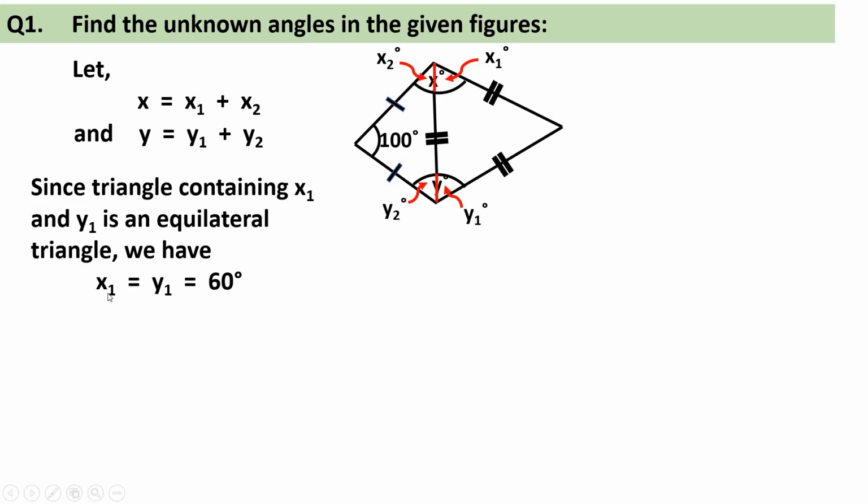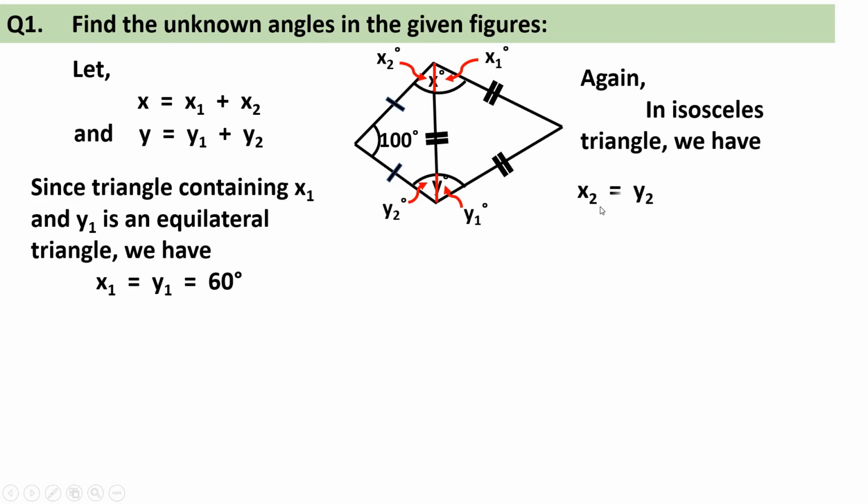That means the values of x1 and y1 are both 60 degrees. Let's now go to the isosceles triangle. In the isosceles triangle, x2 will be equal to y2, because they are base angles of the isosceles triangle. We know base angles of isosceles triangles are equal.